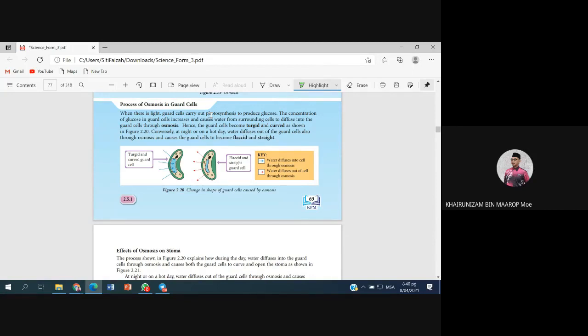So bila kita sweat, kita akan mengeluarkan banyak air. So begitu juga dengan tumbuhan. So the water diffuses out of the gut cells also through osmosis process, and causes the gut cells to become flaccid and straight. So the stoma will be closed.